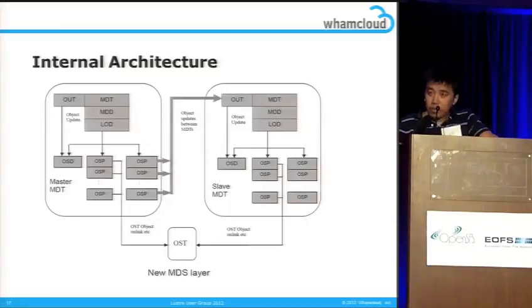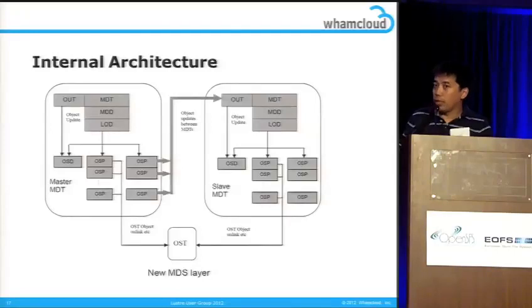Then for the remote updates, it sends the updates to the remote MDT, the slave MDT, and on the slave MDT side, the top layer is OUT. OUT is called Object Update Target.